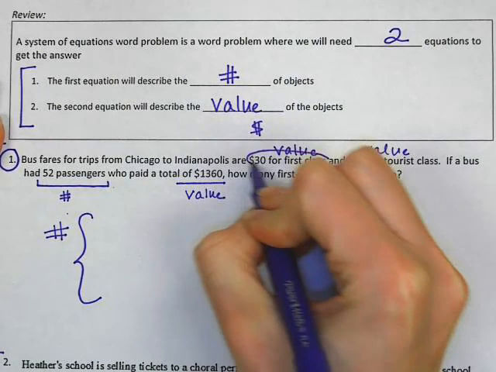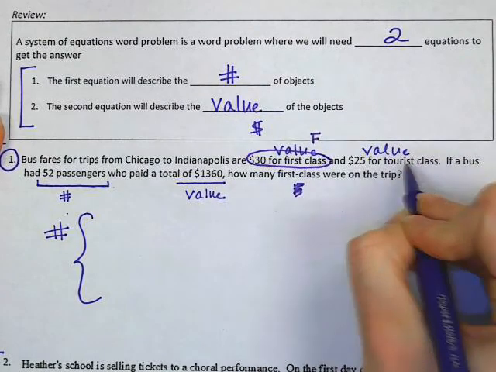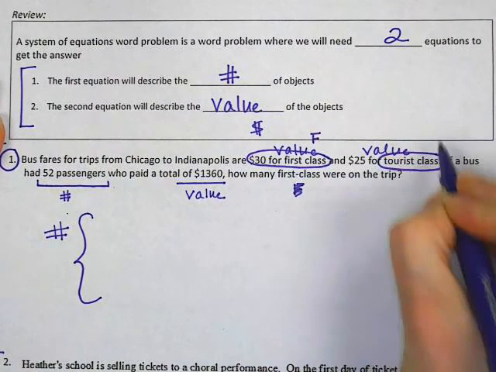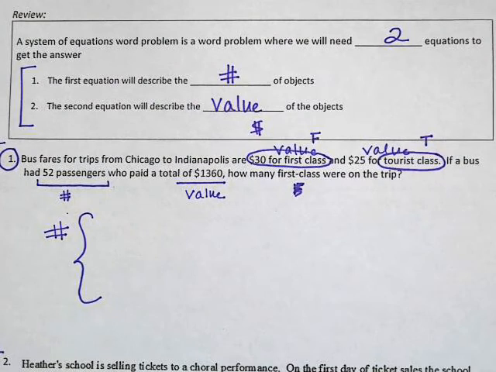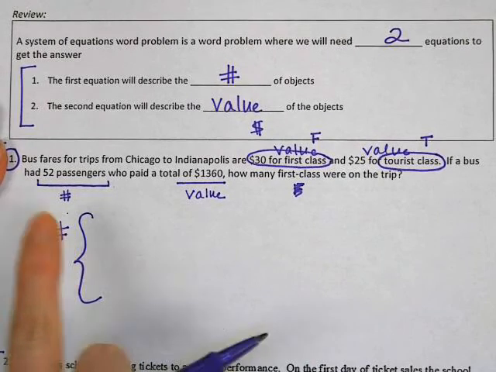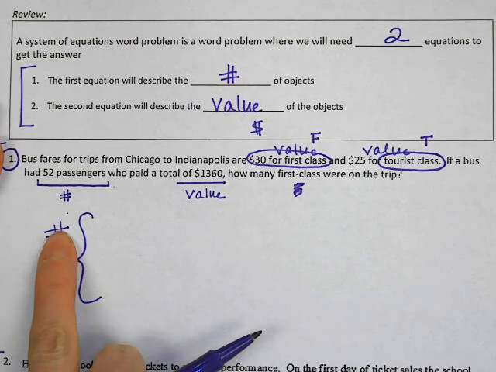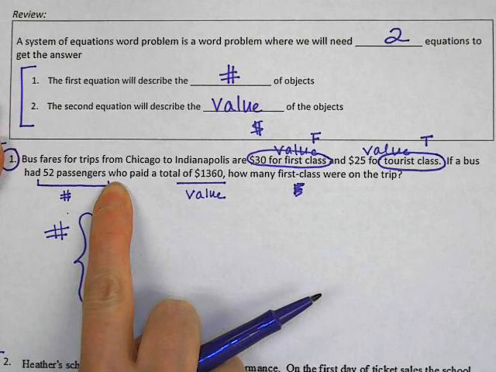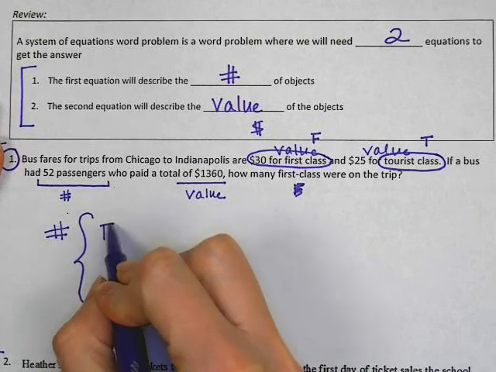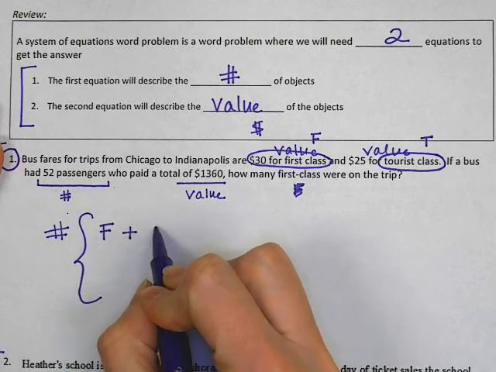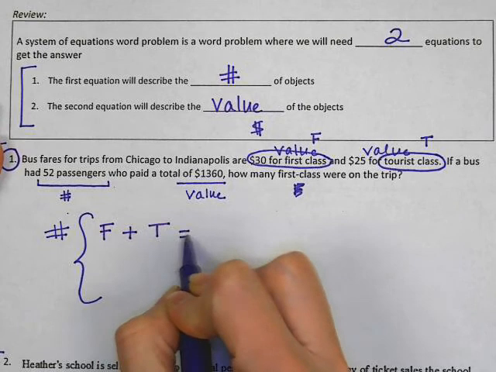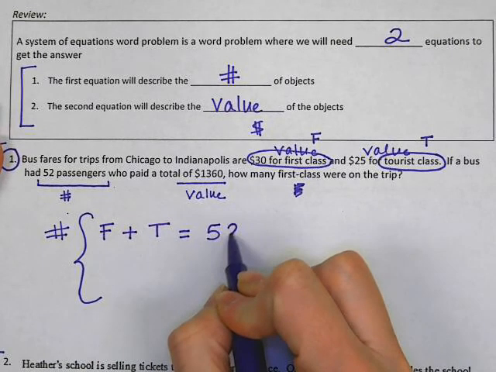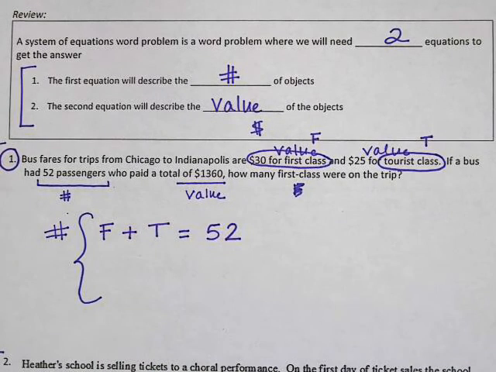So first class we're going to call F, and tourist class we're going to call T. Or you guys can use X and Y, whatever you like. Okay, so how many passengers were there? Well, there's 52. So if you add the first class plus the tourist class, there will be 52 passengers sold. That's kind of like 52 coins. There's 52 items.